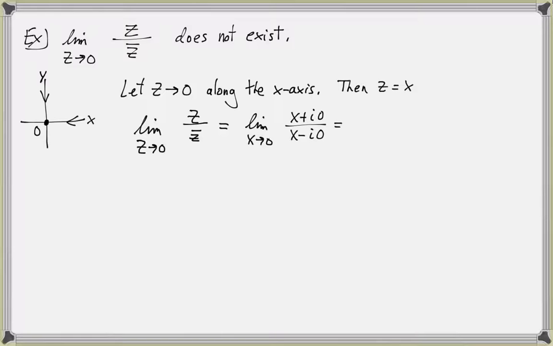And so we see that this just simplifies to the limit as x approaches 0 of x divided by x, but the fraction x divided by x always equals 1. And as x approaches 0, the constant 1 will remain constant, equal to 1. So we see that as z approaches 0 along the x-axis, the limit will equal 1.